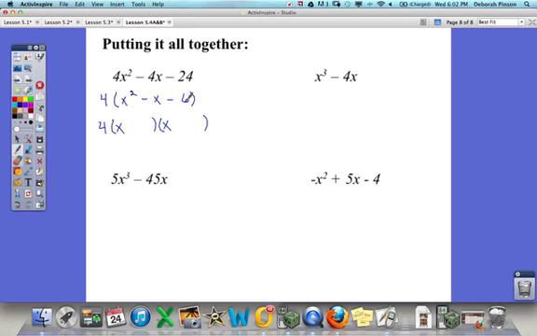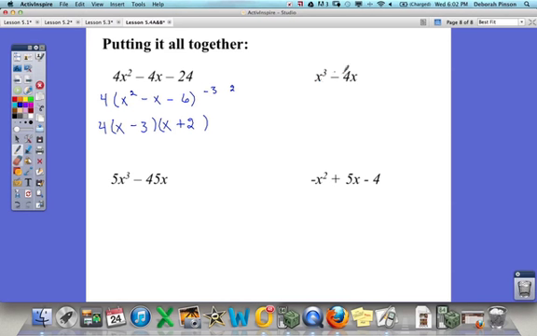I need something that multiplies to 6, adds up to negative 1. So 3 and 2, subtract to make 1. I want a negative 1, so I'm going to make the 3 negative, the 2 positive. Now see how you can factor twice on this problem? You can factor twice.